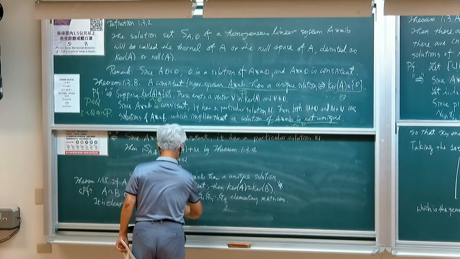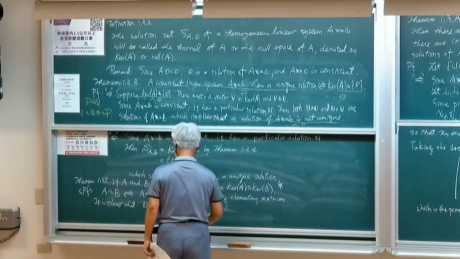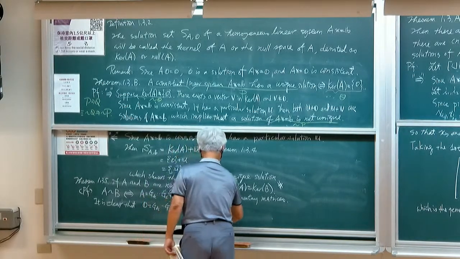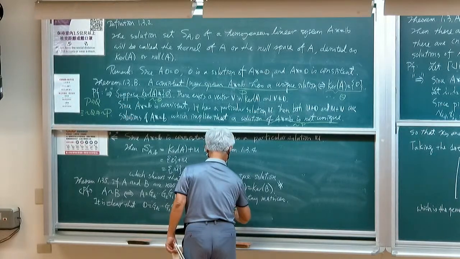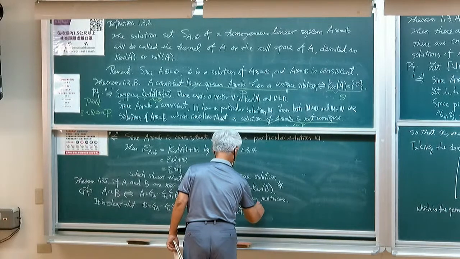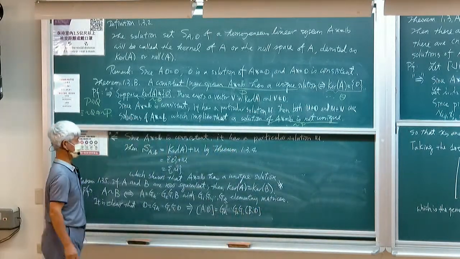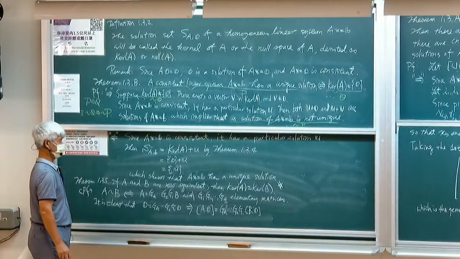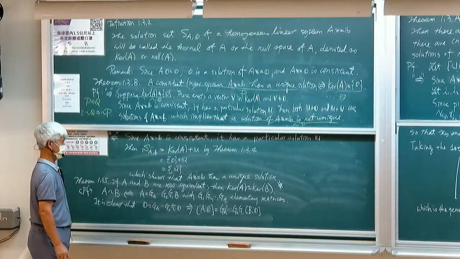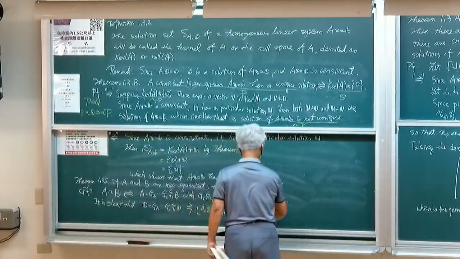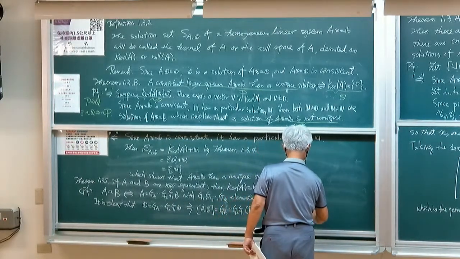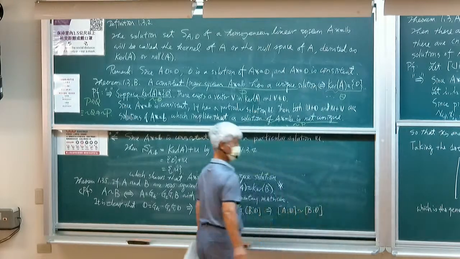All right, so this implies that the augmented matrix [A | 0] is equal to the augmented matrix [B | 0]. So this implies that the augmented matrix is row equivalent to this augmented matrix.